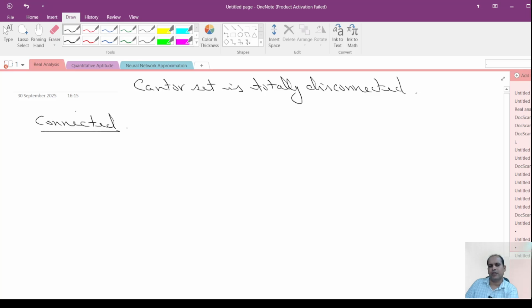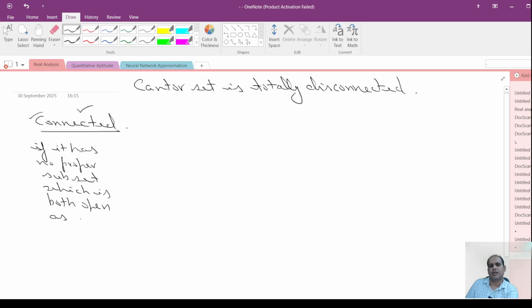In my topology lectures I have covered this one. A set is said to be connected if it has no proper subset which is both open as well as closed.